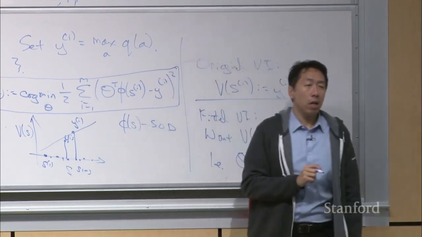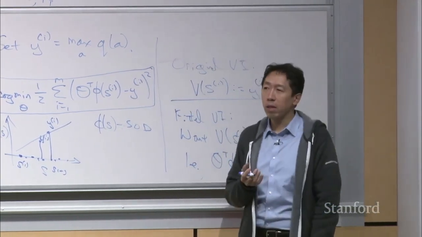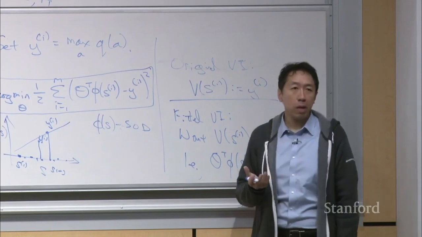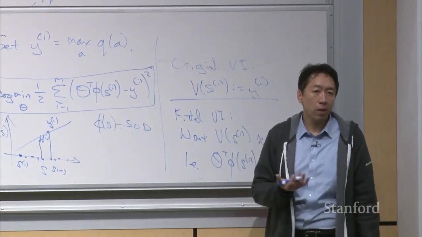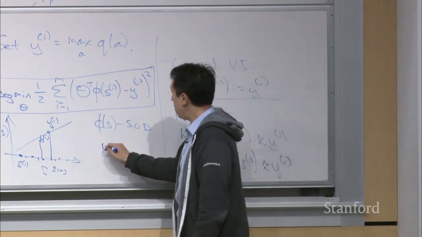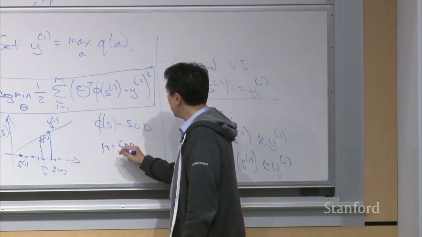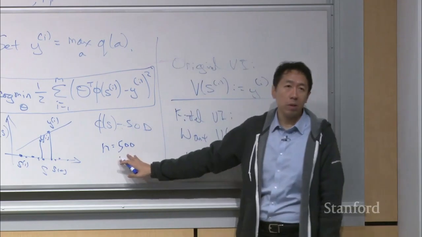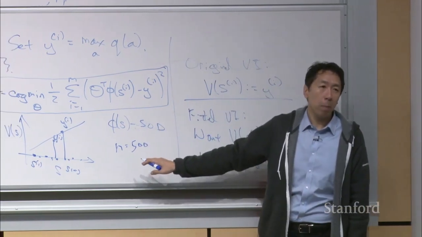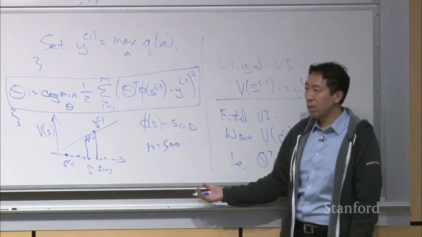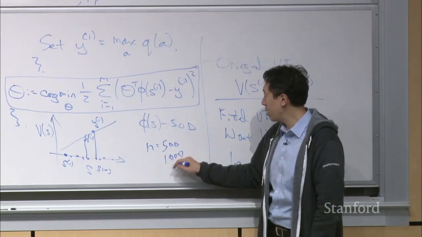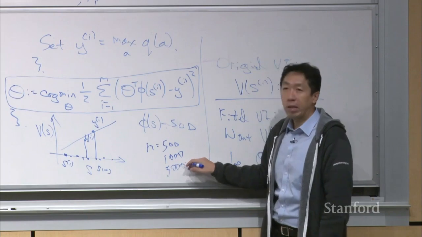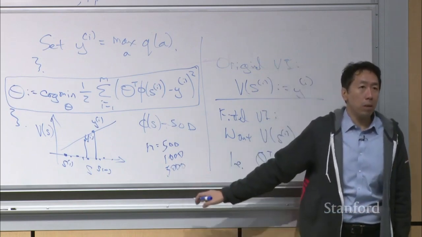If you want to run linear regression with 50 parameters, how many examples do you need? I would say if M was maybe 500, it'd be okay: 500 examples to fit 50 parameters. But if it doesn't run too slowly, and you can even set M equals 1,000 or 5,000, then there's no harm in letting M be bigger.